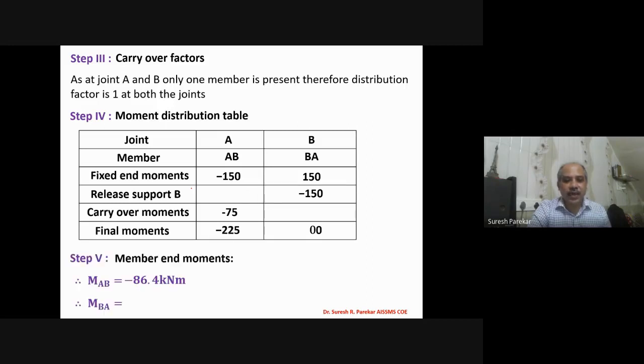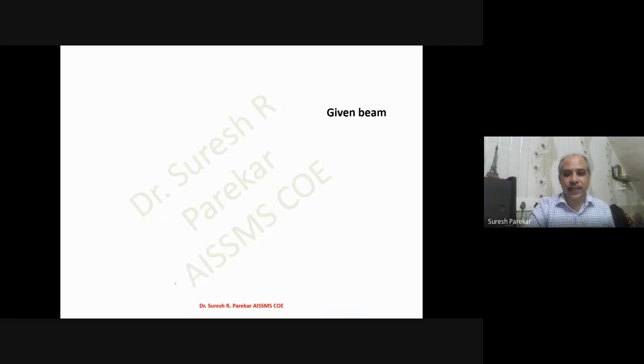So you can see over here, MAB we get as minus 225 kilonewton meter, and MBA we get as 0. Knowing these values, we will go for the bending moment diagram.